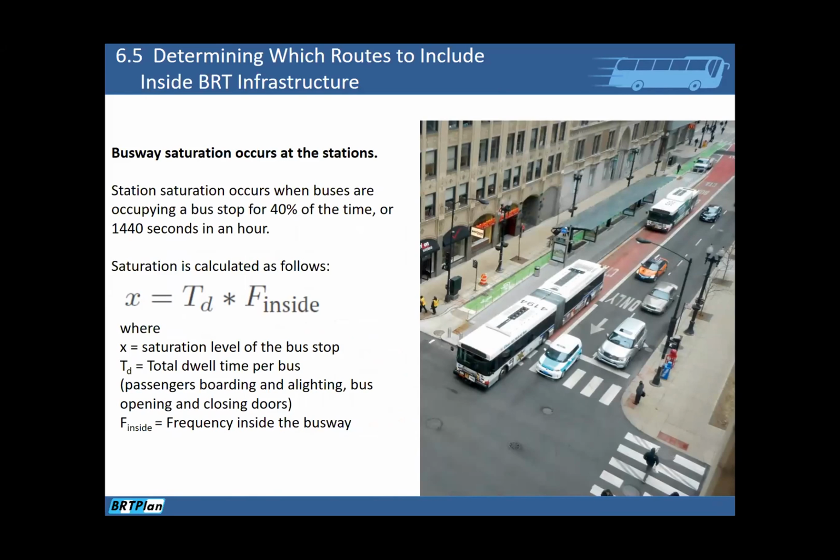And when that number gets to be over 1,440 seconds, which is 40% of an hour, you consider it saturated. So you wouldn't want to add any more frequency onto that corridor if your buses are already consuming 40% of the hour at that stop.